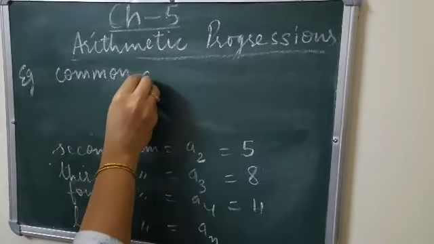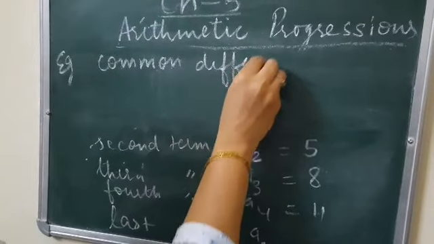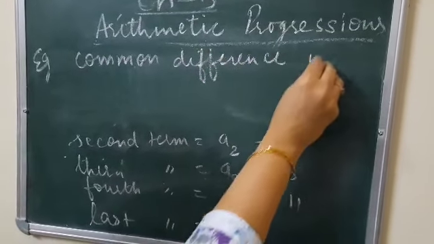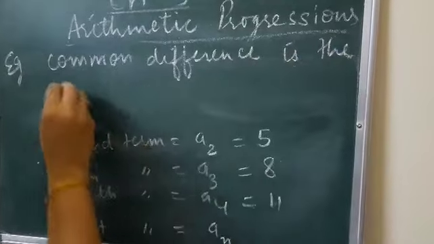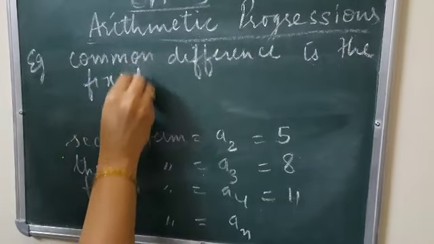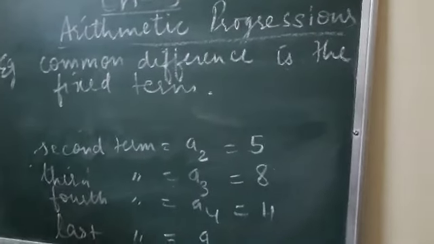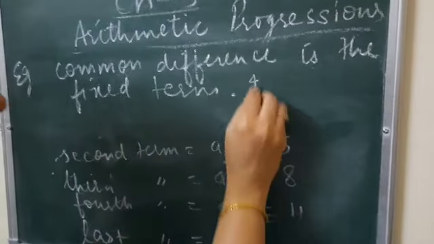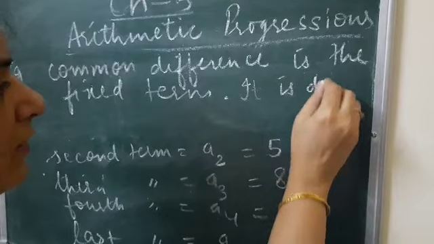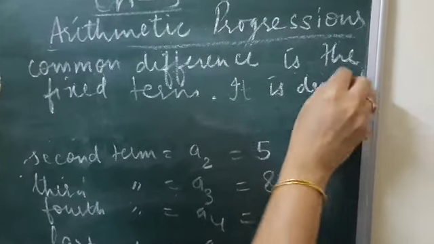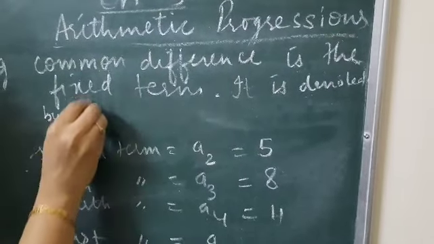Common difference is the fixed term, or the difference between two consecutive terms. Now common difference is denoted by small d.